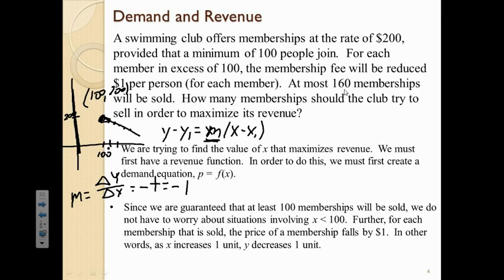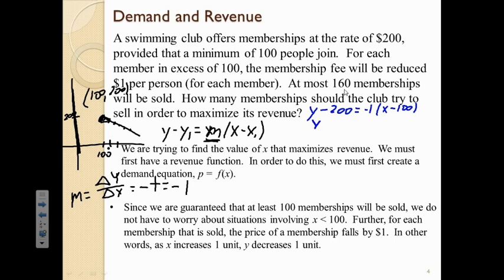So now we have a point. So using this in the equation, we can say y minus our y value of 200 equals our slope of -1 times x minus our x value of 100.